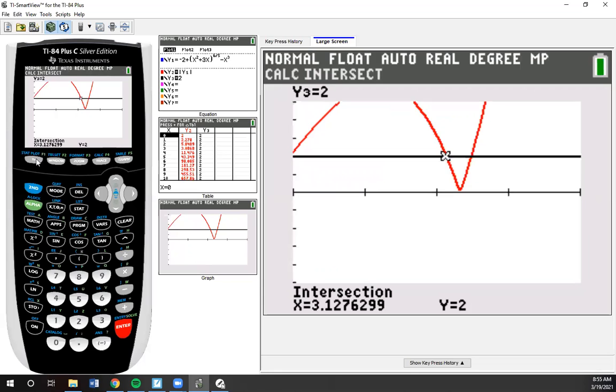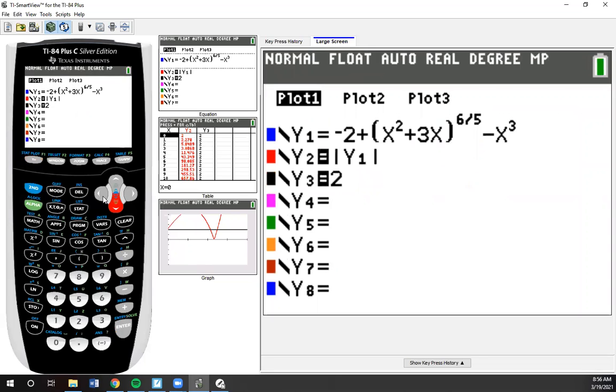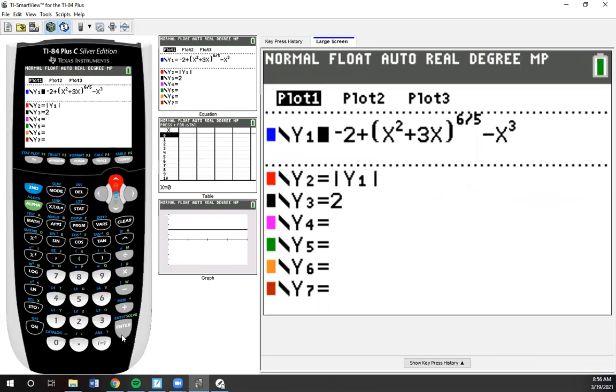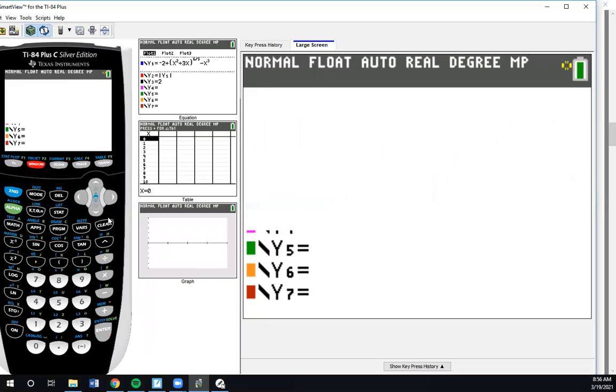But let me go to part C, which is we want to know where the velocity is 0 and changes direction. And we want to know that from 0 to 5. So I'm going to adjust my window again a little bit.